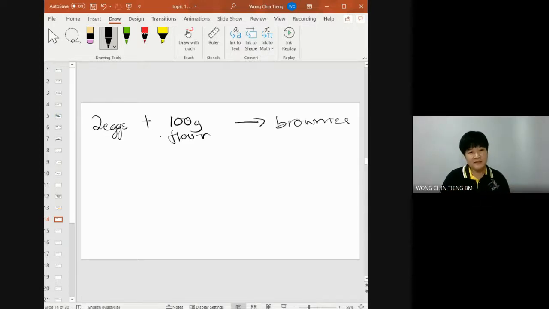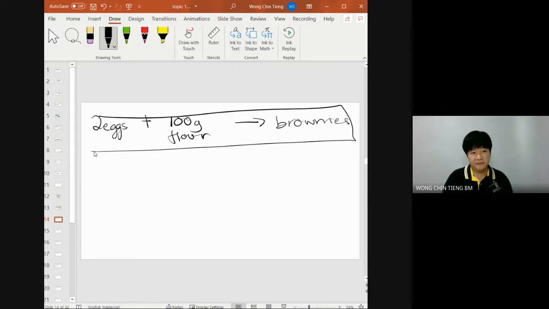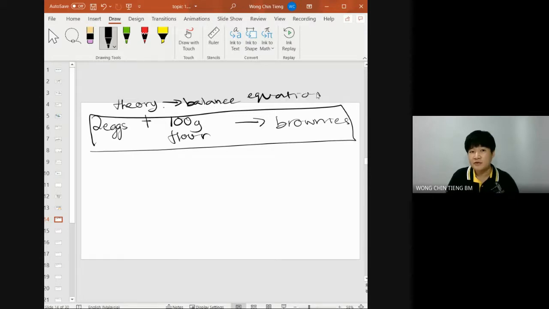So if this is the correct recipe, and this correct recipe is what we call theory. Okay? Theory yang kamu datang dari mana? Balance equation tadi. Your balance equation is your theory. Ataupun bahasa lagi hebat, stoichiometry. Okay?